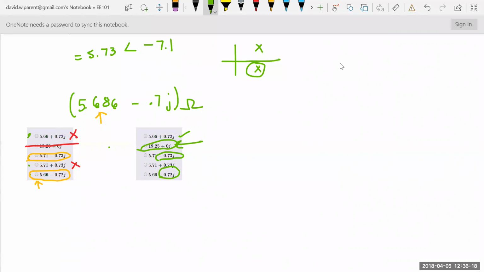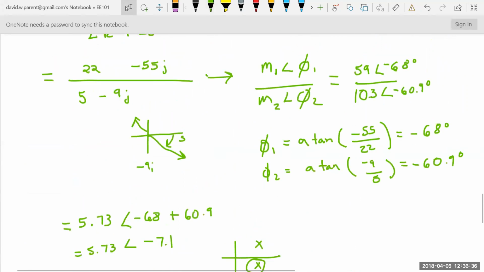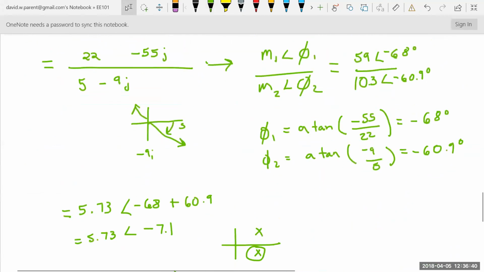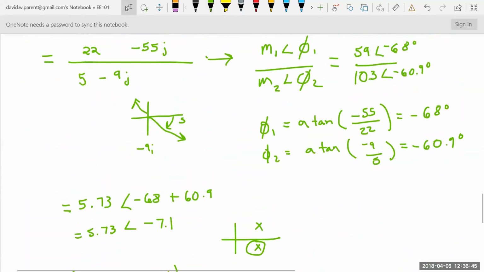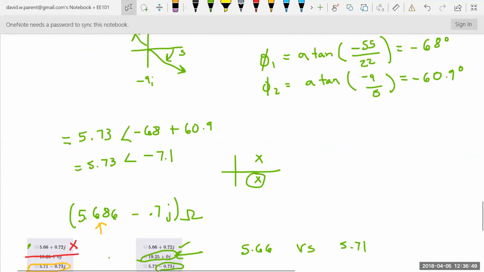And why is 5.66 versus 5.71? Might not seem like a big difference. But I really should have taken 2 digits of precision all the way through. I'm a bad person.